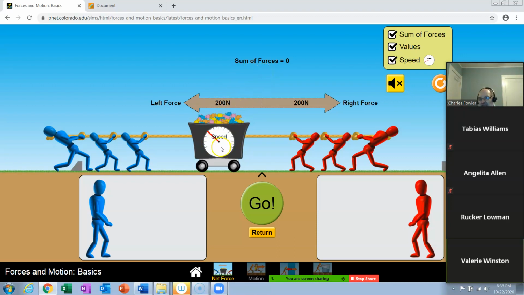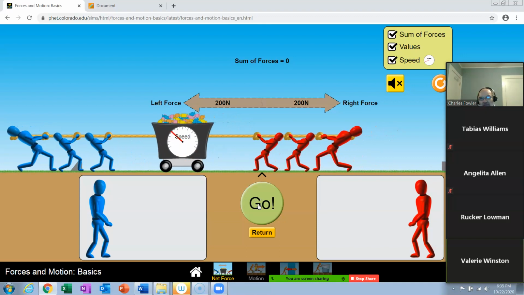Since it has a zero acceleration, the speed's going to remain constant. That's another definition of uniform motion. No acceleration, speed doesn't change. Whether it's stopped or whether it's going, the speed doesn't change. I'm not going to let it go long, but notice that the speed doesn't change. Still the same. Didn't change at all.